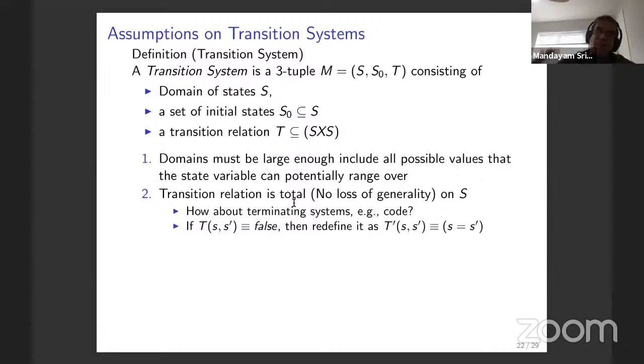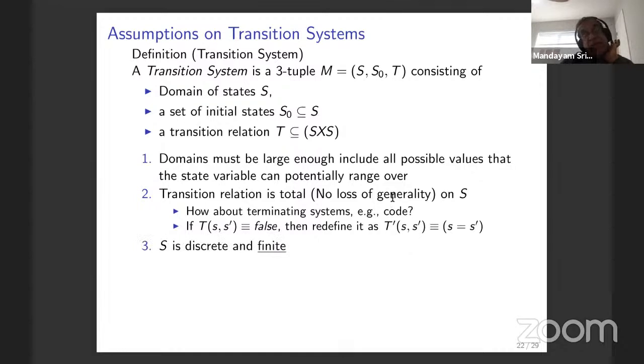For the development of the theory of analysis, model checking, it makes our life easier to make the transition relation total, and that's what we'll use. And where it comes in the way, like in modeling terminating systems, we will use some special way to encode the fact that it is terminating, as I have shown here.